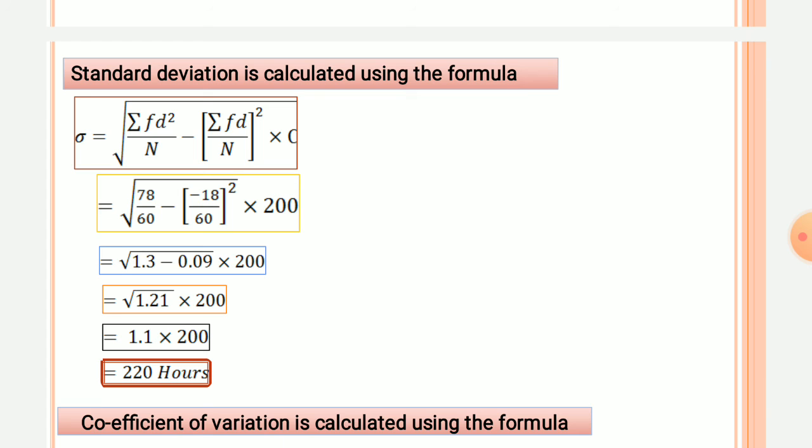So therefore root of 1.3 minus 0.09 into 200 is equal to root of 1.21 into 200. So therefore the square root of 1.21 is 1.1, into 200 is equal to 220 hours.